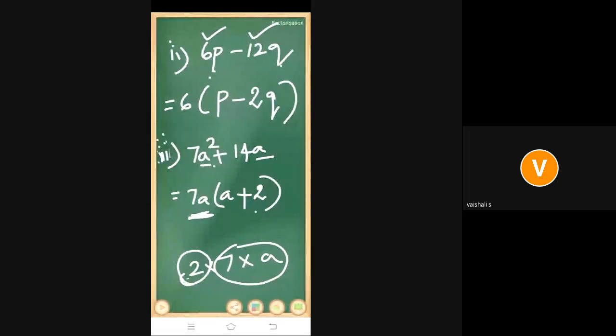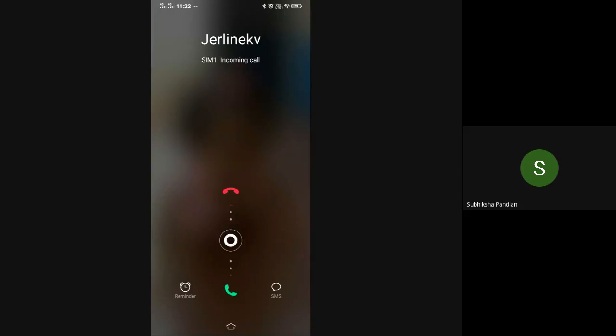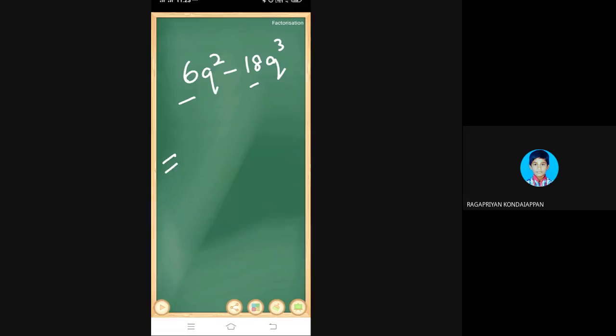For example, I'll give you one more sum, you see. 6q squared minus 18q cube. How will you do this? Which table will both the numbers come in? Ma'am, 6 table. And q, among q squared and q cube, which is common?